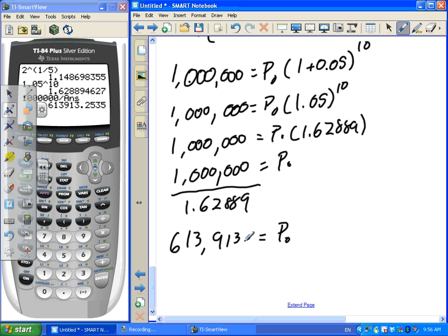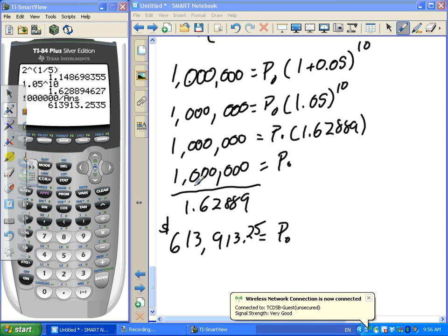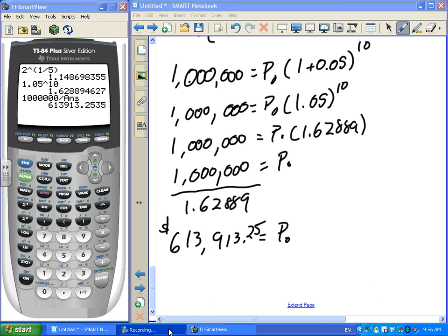So if you invested $613,000, or 6,130, well, 601, oh gosh, there we go. Thank you for saying it for me. If you invest that much, you'll have $1 million after 10 years at 5%. That was difficult. Yeah, it's not the greatest investment.